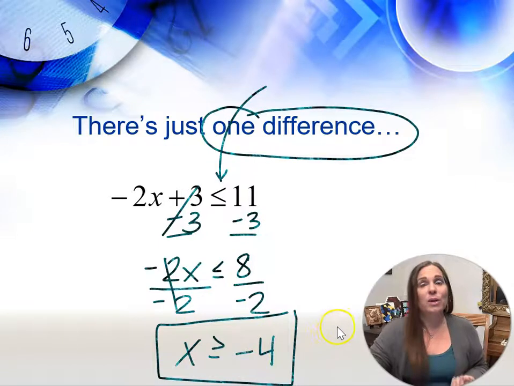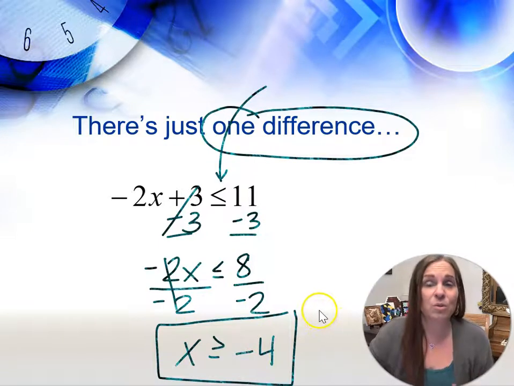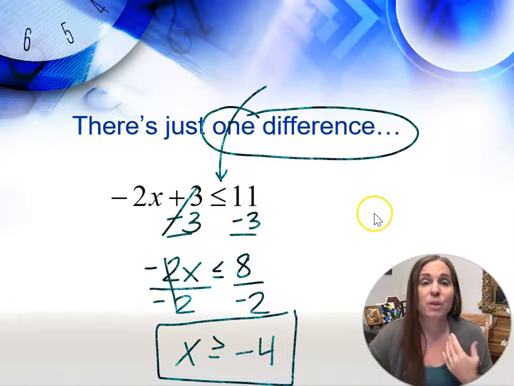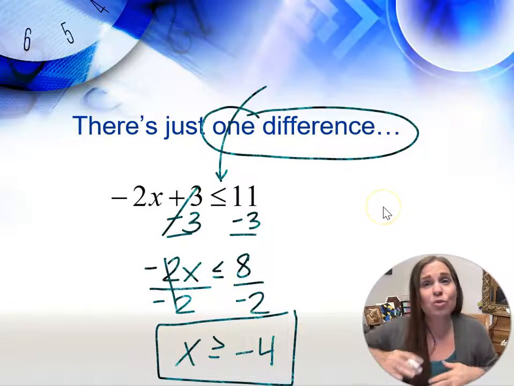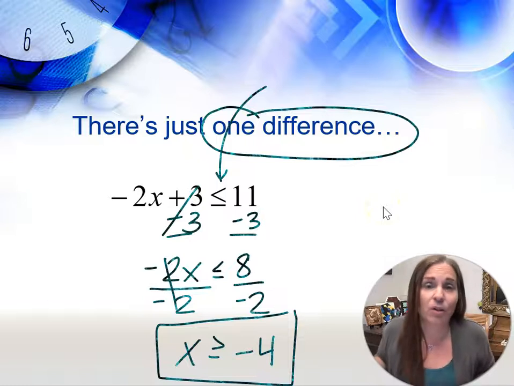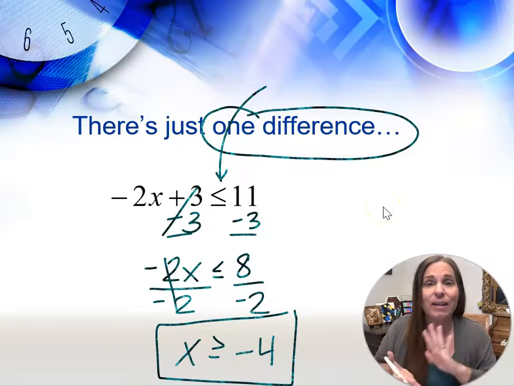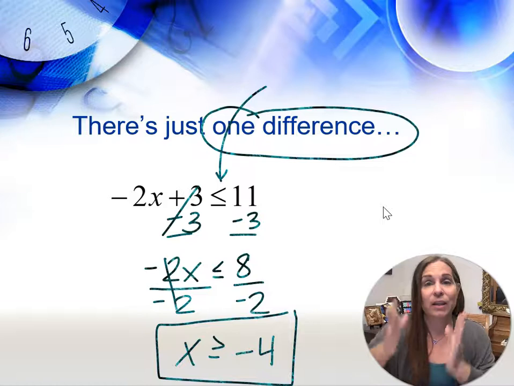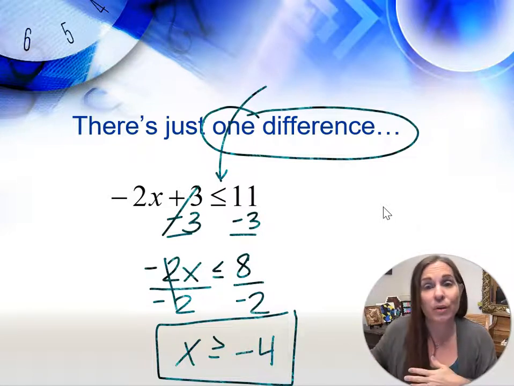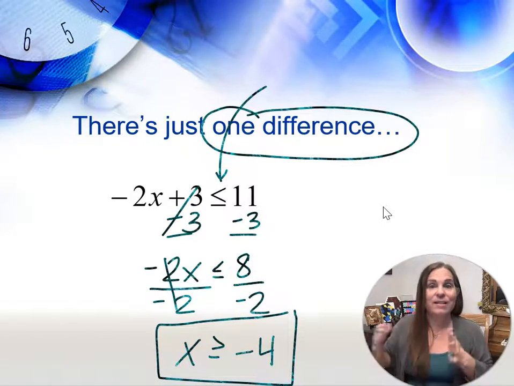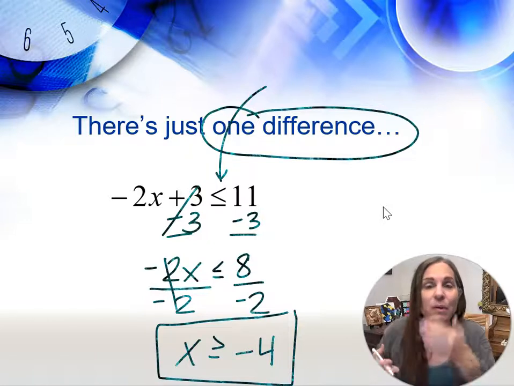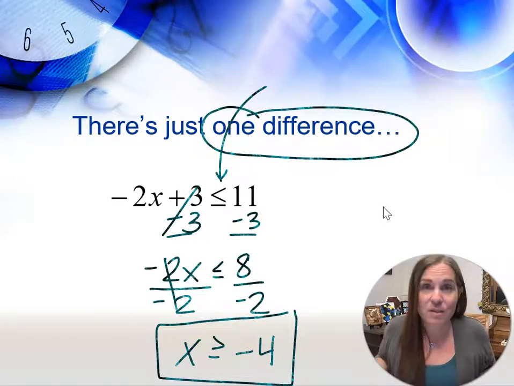And it's important when you're solving an inequality and you give a solution at the end, not to just say the number. Because for an inequality, the solution is a whole lot of numbers. So in this case, any number that is equal to -4 or greater, because this is x is greater than or equal to -4, will be a solution.